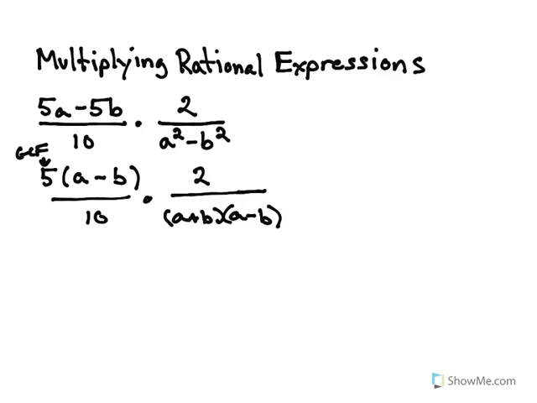And then the easy step now is to cancel. We want to cancel like factors before we multiply because it makes things simpler. And we do that, okay, I can cancel the a minus b because one factor is in the numerator, one's in the denominator. They are identical, including the signs, so we can cancel those.